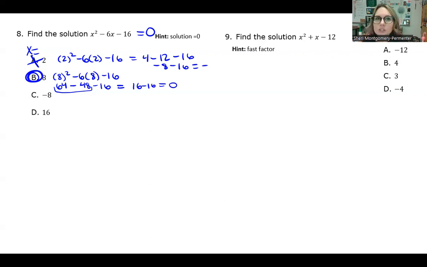The other way you can do it is you can factor it. You could factor either one of them. If I factor this one, I'm looking for factors of 12. So 1 and 12, 2 and 6, 3 and 4. I'm looking for the factor pair that when I put it together, I could get 1.